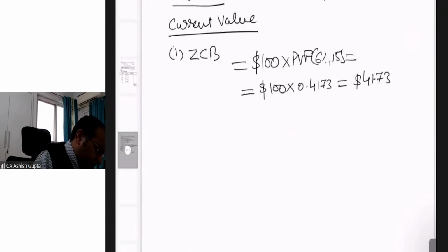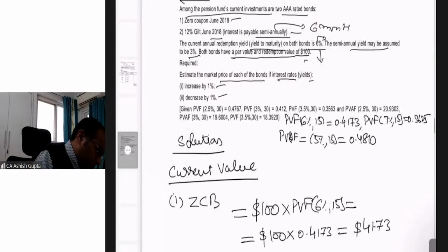Now second, I compute the coupon bond, that is the yield bond.